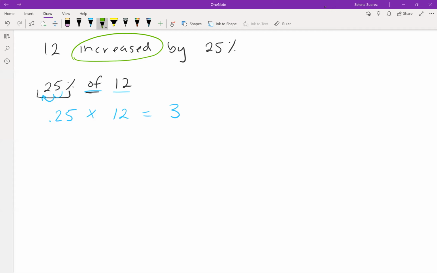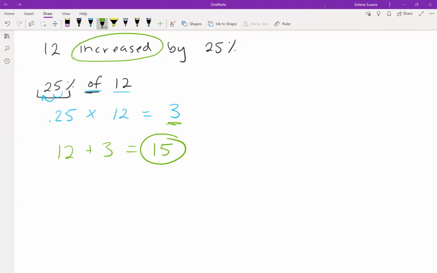The only thing that I found out is that 25% of 12 is 3, but I have to increase 12 by that number, okay? So after I get my answer, which was 3, I have to add 12 plus 3, and I get 15. So in other words, 12 increased by 25% is going to be 15. Okay, so that's the answer for this one.